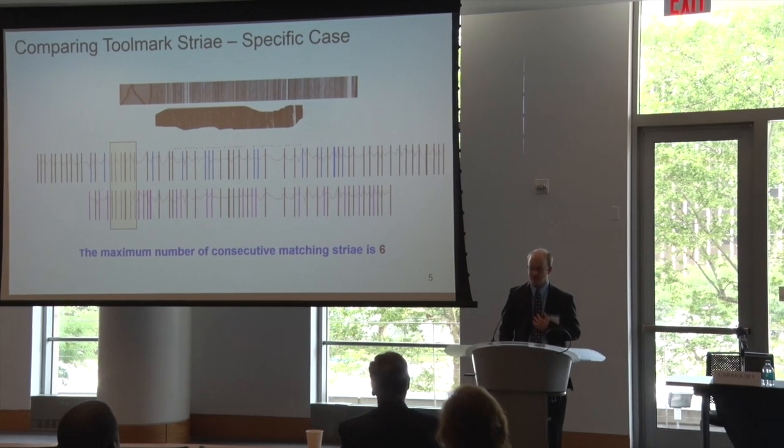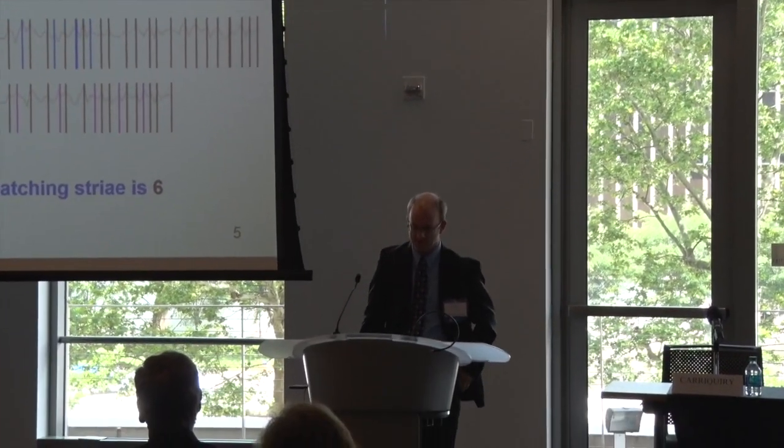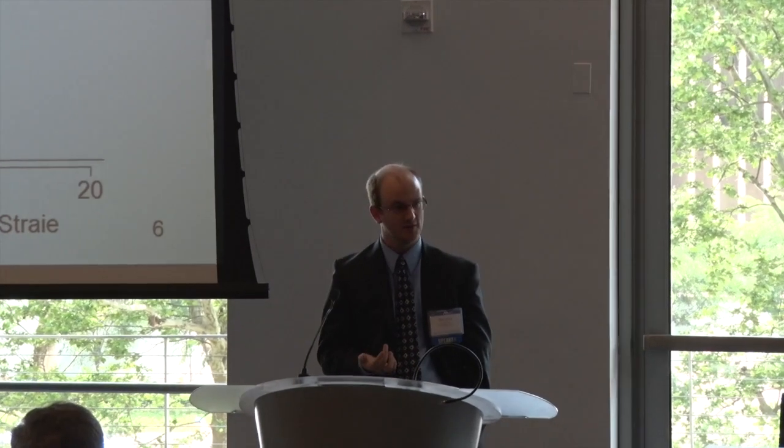If we were going to try to understand the implication of seeing a particular result, we'd want to understand the behavior of this method of comparison or evaluation. The approach to doing that would be, as Hal had referenced, taking some comparisons where both impressions were known to have originated from the same tool and applying this evaluation strategy. We might just keep a tally of what the results of this comparison process were in each instance.